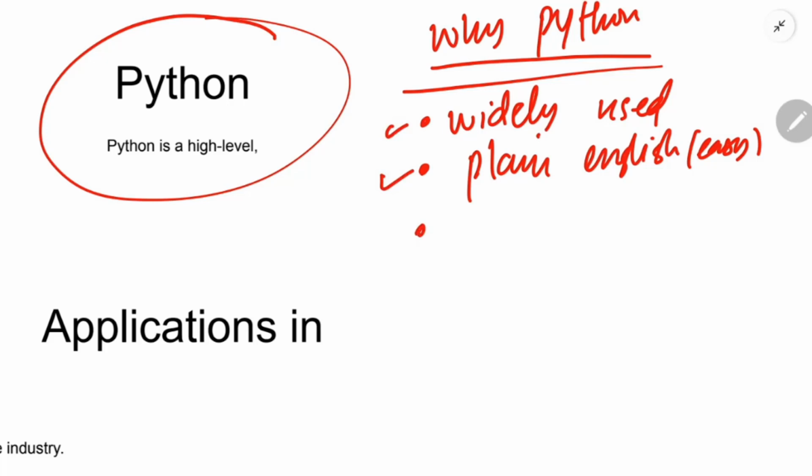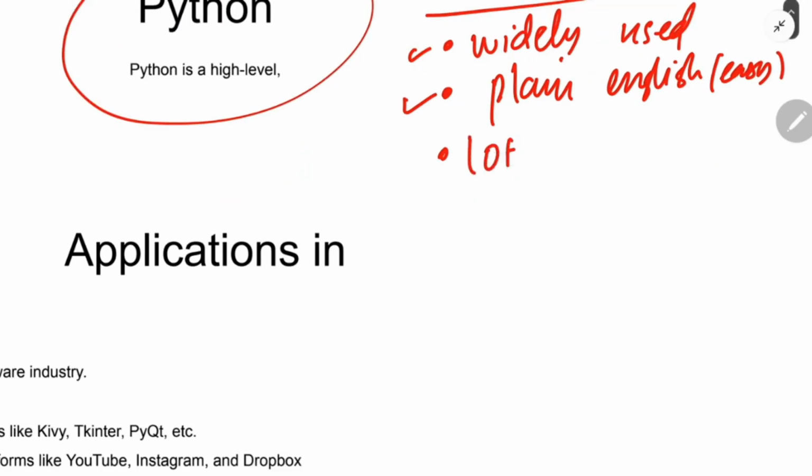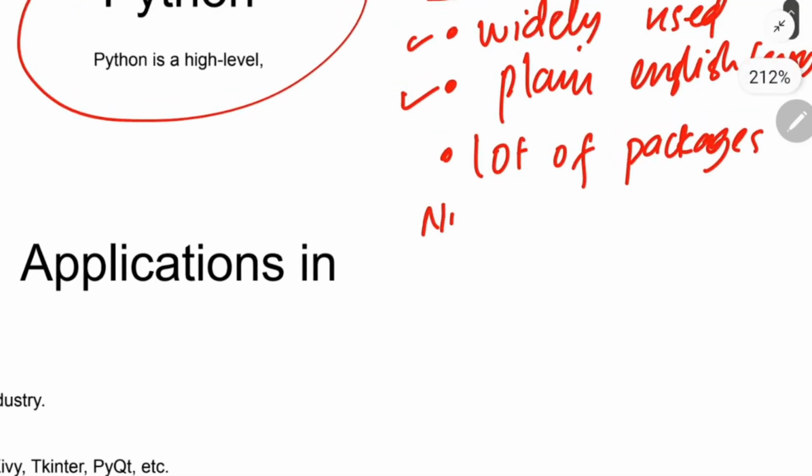And the other thing is that there are a lot of packages. For example, you might have heard about NumPy, which is used in machine learning, deep learning. There is Pandas, which is usually used for reading files and then writing out the files on some other file systems.